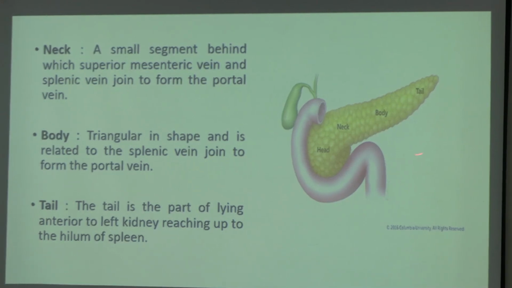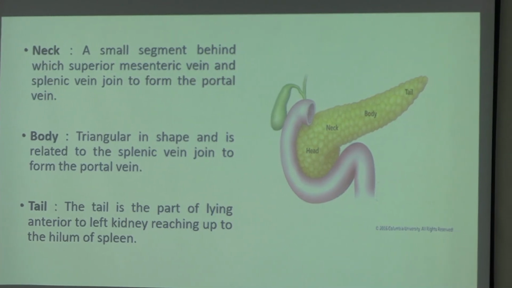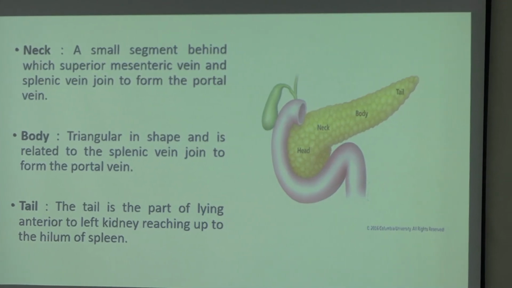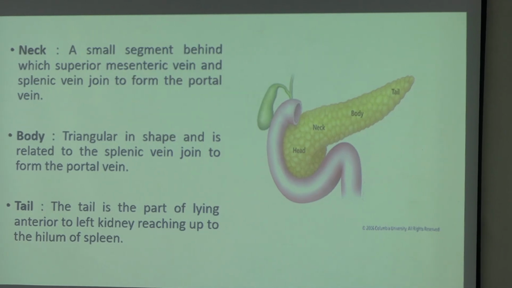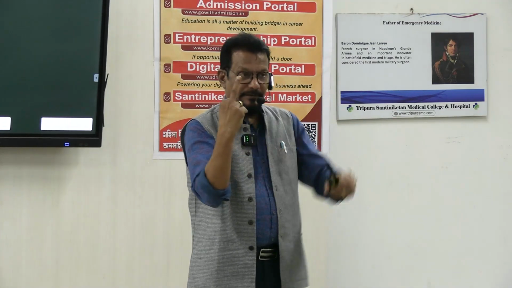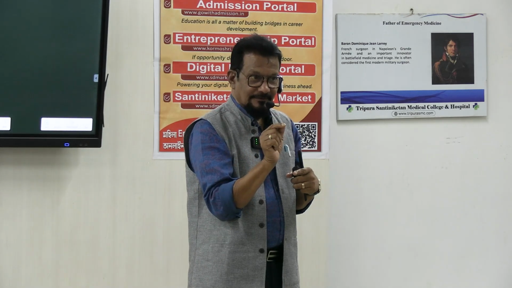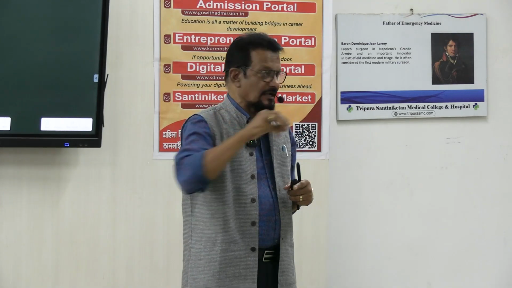If you take a histological section of the pancreas, you will find a lot of acini. Acini means tubular structures. If you cut my finger lengthwise, it is elongated, and if you cut it across, a ring-like structure you will find. So this type of elongated structures you will get.